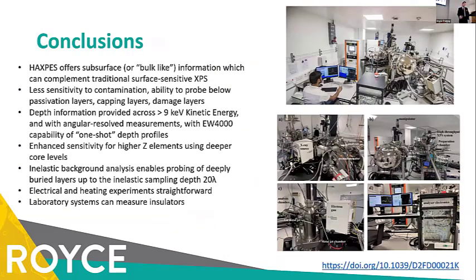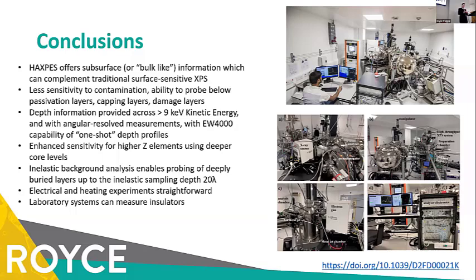So to summarize, HAXPES offers subsurface bulk-like information, with less sensitivity to contamination. We can probe through passivation layers, capping layers, damage layers. The depth information over such a broad kinetic energy range gives us depth information in one spectrum, but using the analyzer in an angle resolved mode, we can also get one-shot depth profiles.